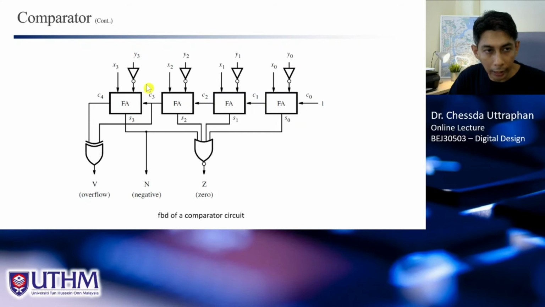Here, this is y, and this is y bar, y bar, y bar, y bar, because this is an inverter or NOT gate. And we plus 1 here. This is C in, and our C in is 1. So when we complement y and plus 1, of course, this will be the 2's complement of y.